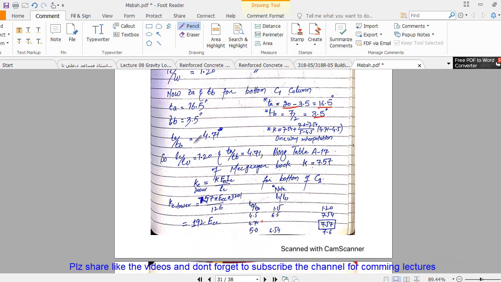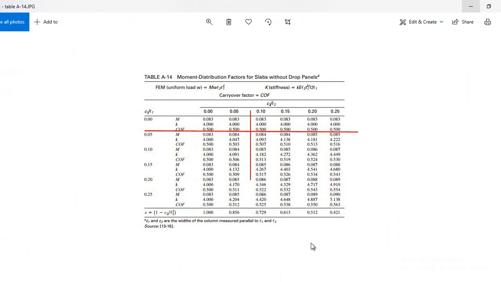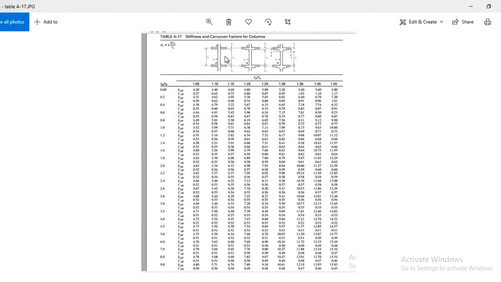Now you have to find your ratios Ta by Tb and Lc by Lu as we did in lecture number 2, using table S17. Remember, for calculation of Kc we have to use table S17, and for calculation of case B we have to use table A14. Clear? Now go to the McGregor book and find that table. This table is used for case B and this table is used for case C.